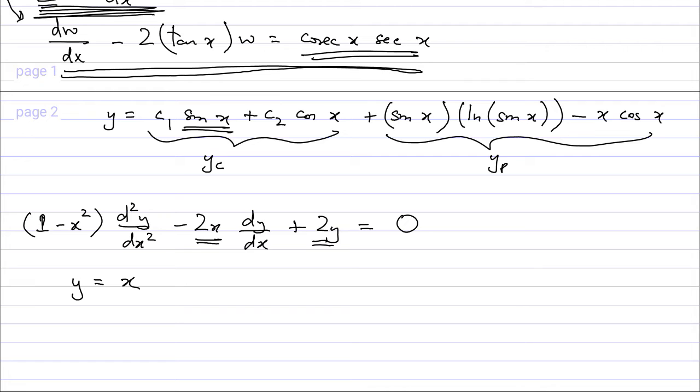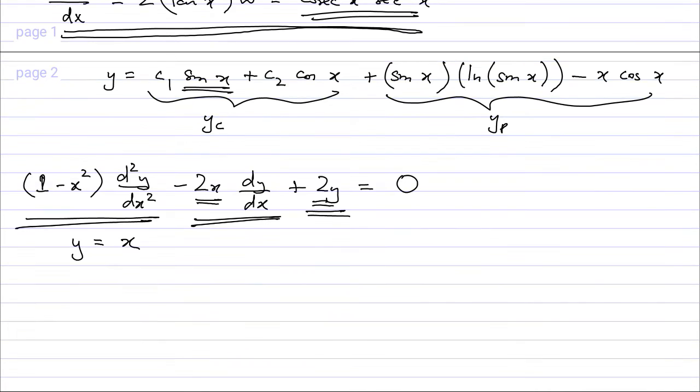Because the double derivative of y is equal to x is 0, and the single derivative is 1. So the first term goes to 0, the second term becomes minus 2x, and with y is equal to x you get plus 2x over here. So y is equal to x is a solution. Y is equal to some constant multiplied by x is also a solution, because you're dealing with a linear differential equation. So this is part of the complementary function.